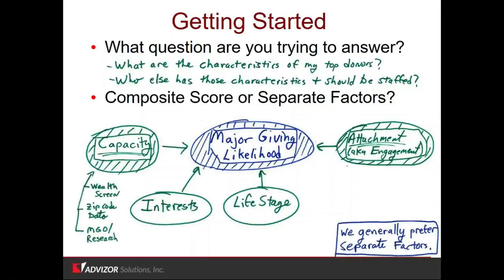And if you look at the inputs, capacity, most of you do wealth screens. We often see part of the pool is wealth screened. There's a bunch of zip code wealth information out there that can be combined with it. So we'll often, if the person has a wealth screen score, great. If they don't, we can bring in wealthy zips, so at least everybody gets some kind of a score, and sometimes there's surprises.